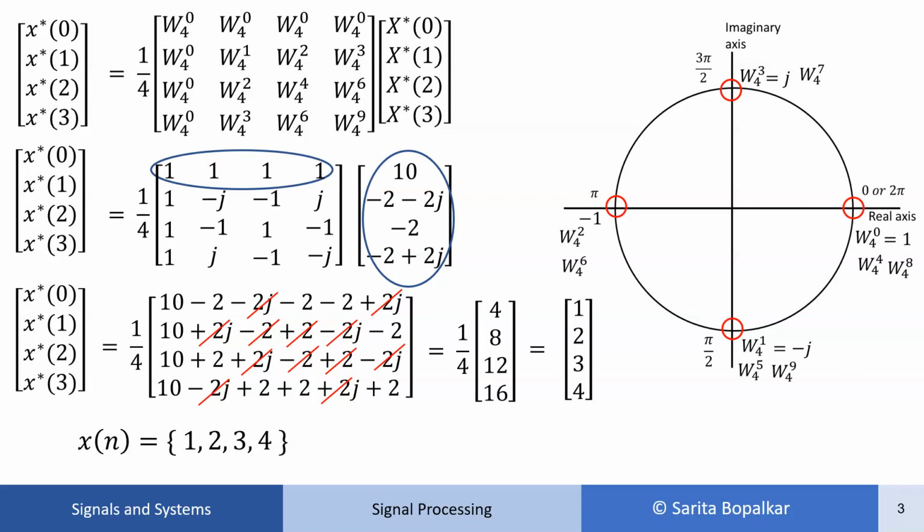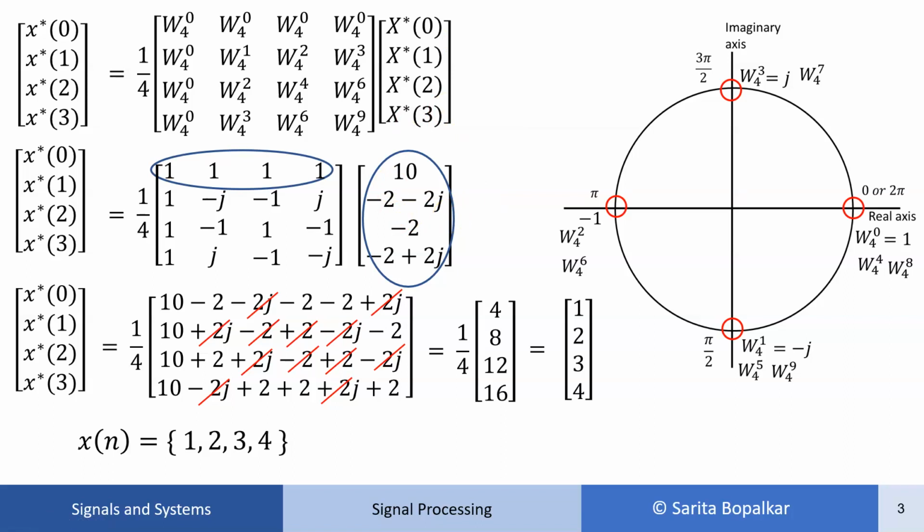Otherwise, what is the other option? If you write x of n only and x of k only, you have to use the complex conjugate of this matrix. But what we are doing is using the same twiddle factor matrix and taking the complex conjugate of x of n, that is x star of n, and the complex conjugate of x of k, that is x star of k.